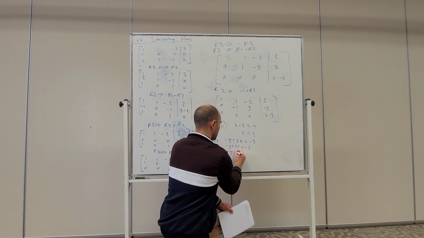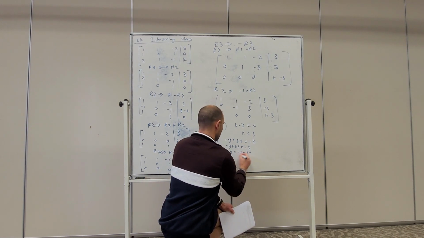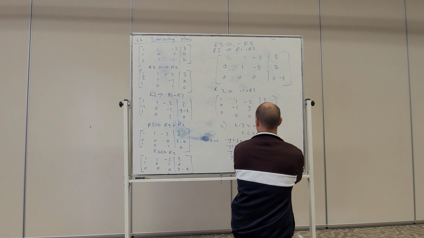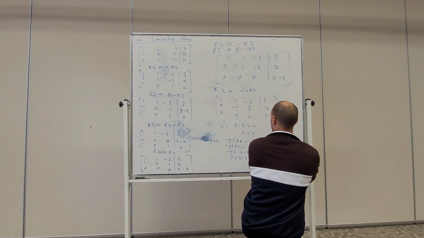So we'll have minus y is minus 3 take 3t, y is 3 plus 3t, and we can solve for x as well. x equals 3 take y take 2z, which equals minus 5t.